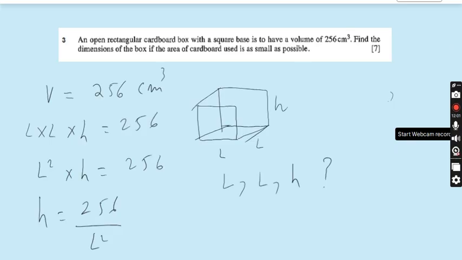So this is the box. Now, open rectangular box means the top of the box is open. So I am writing over here, open. Okay.